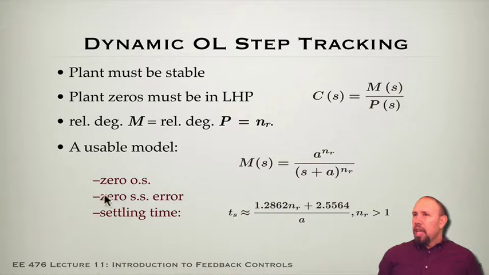This model has 0 overshoot, 0 steady state error, and a settling time given by this. So if we need a particular settling time, this also has 0 overshoot. If we need a system that has 0 overshoot, we have that. The settling time is related to the order of the transfer function divided by whatever value of a we choose.